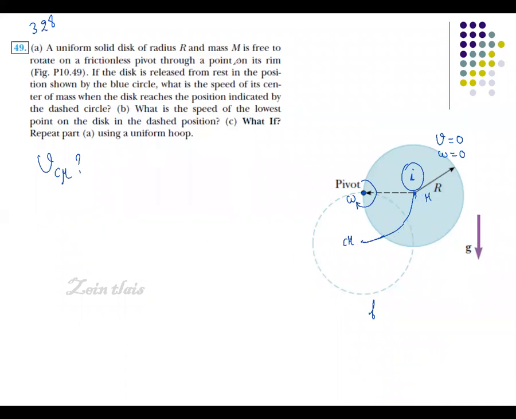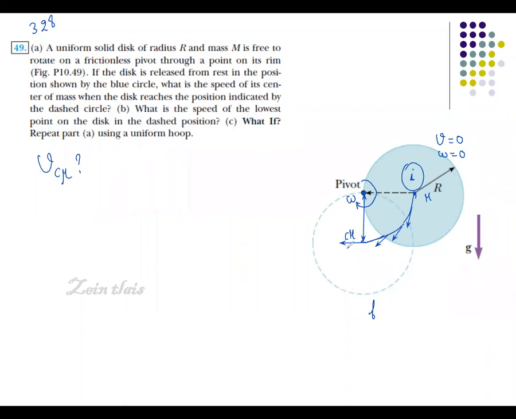The radius of this rotation, as you see, is capital R. The velocity at any point is tangent to the trajectory. Initially we don't have velocity, but afterwards it is tangent, tangent, tangent. So it's tangent.